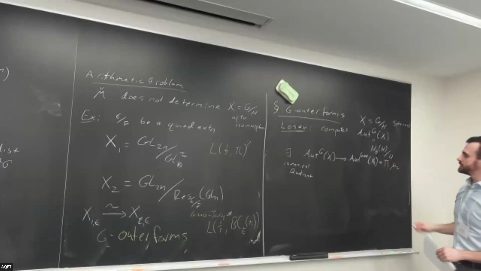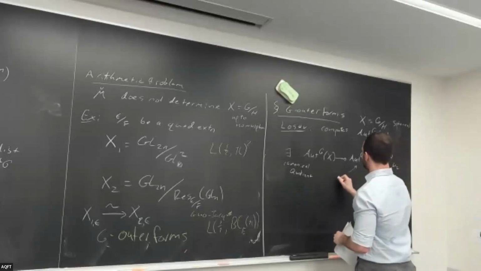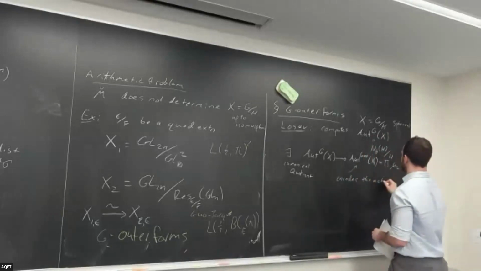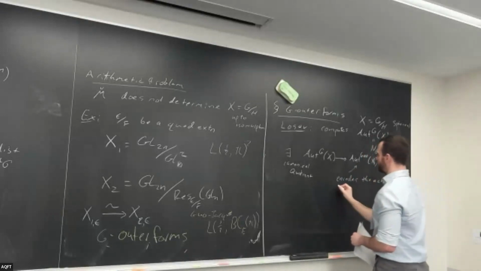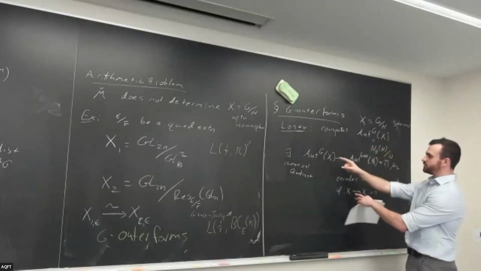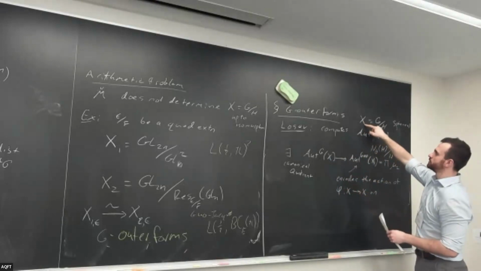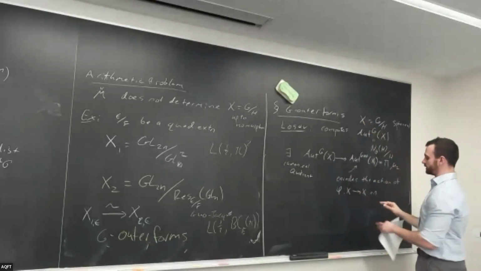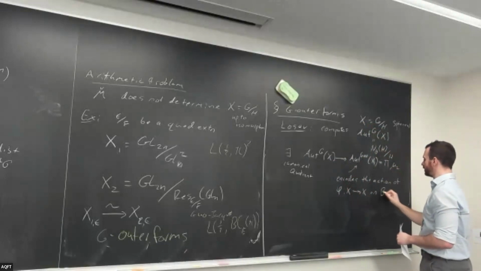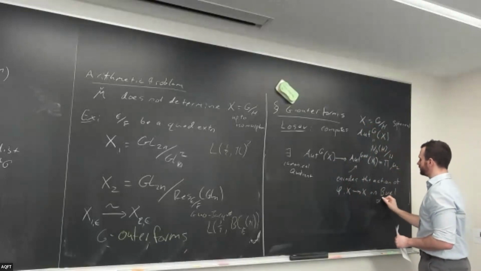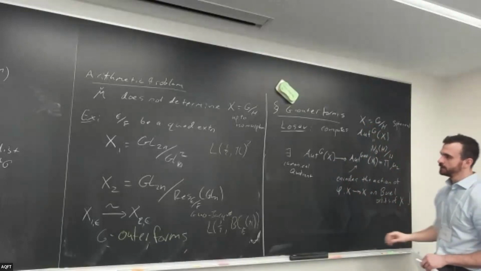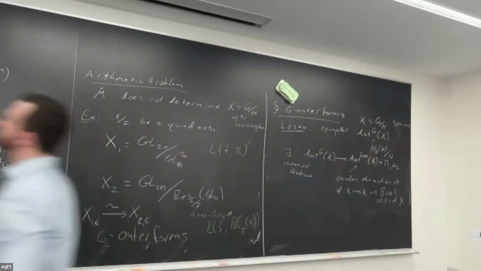But what it does is it encodes the action of an automorphism on the geometric property, invariance of H. So I'll say the real statement is on the Borel orbits of X.